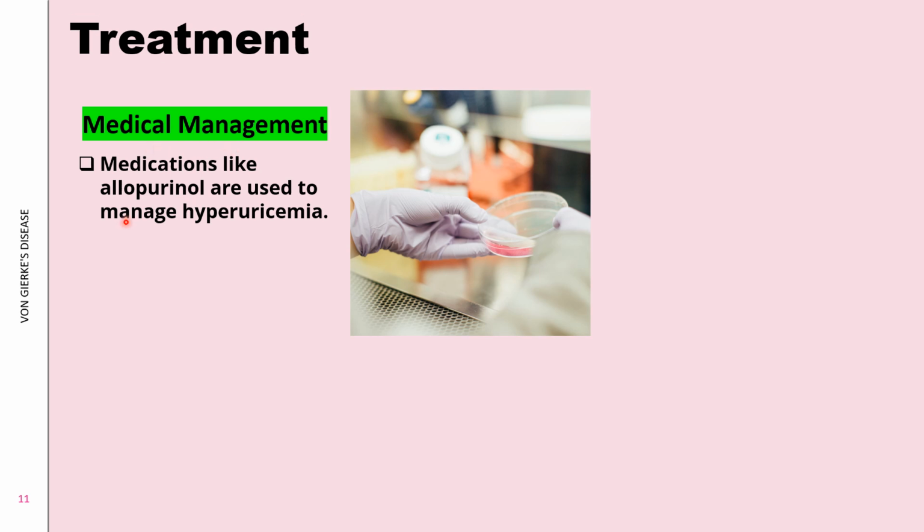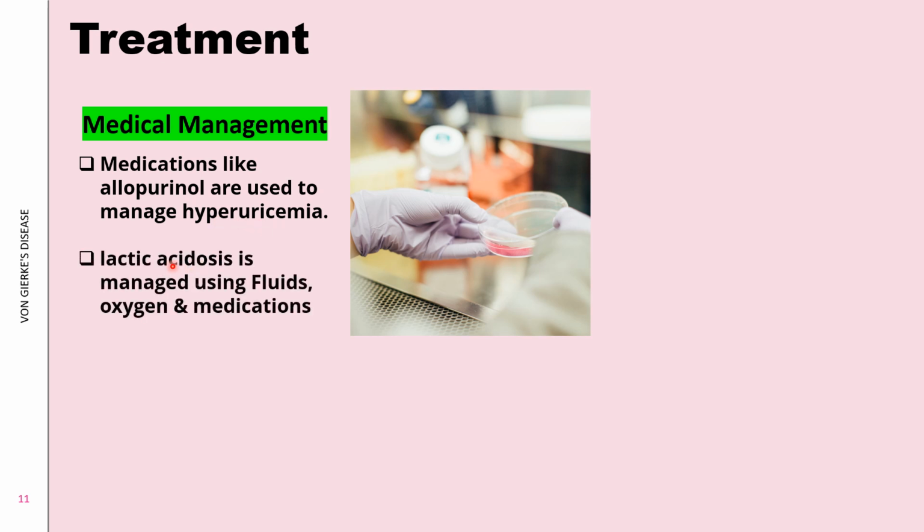Medications like allopurinol are used to manage the hyperuricemia. Then there are certain medications which are used to manage the acidosis in these patients, along with fluids as well as oxygen for the respiratory distress.